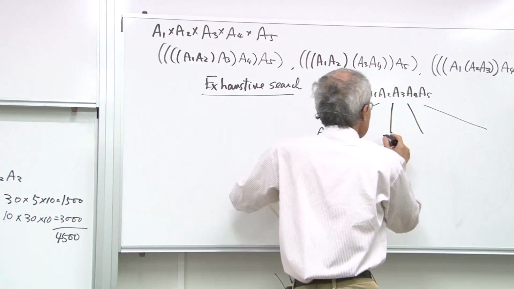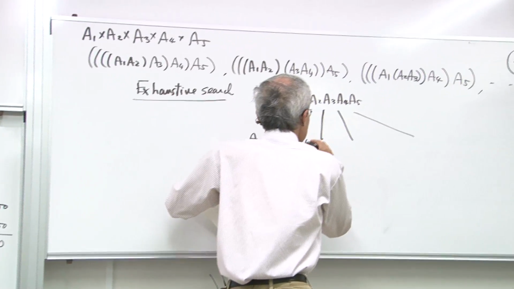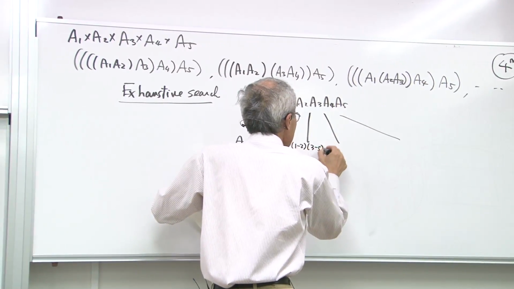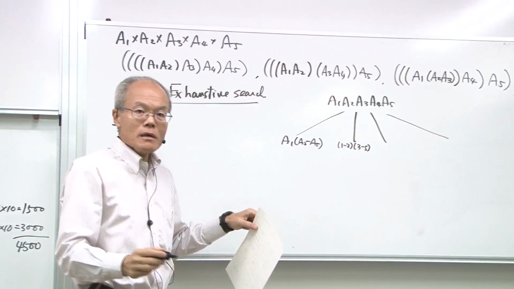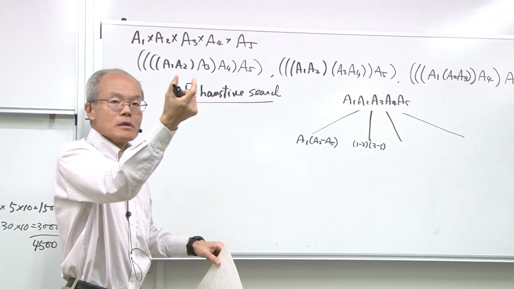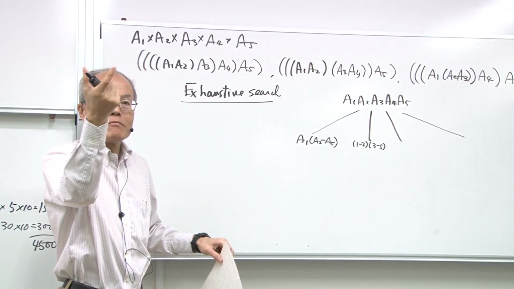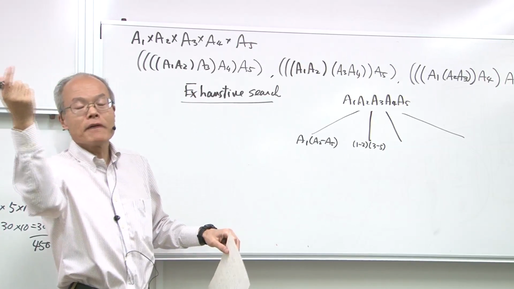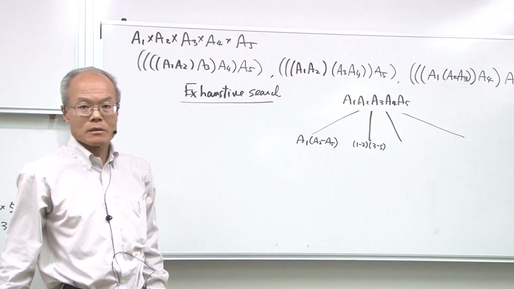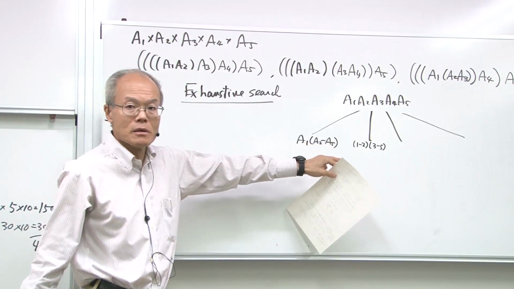The second possibility is 1, 2, and 3 through 5. That means we multiply A1 to A2, and we multiply A3 through A5. Then finally, we multiply those 3 things. So this is the second possibility.